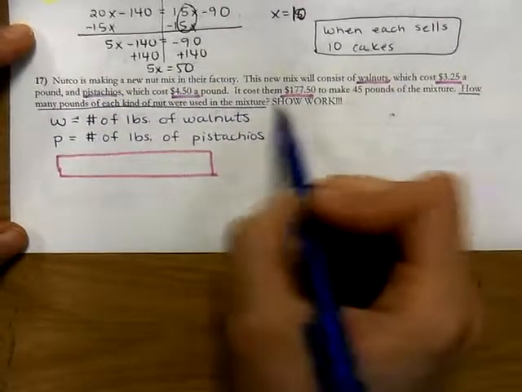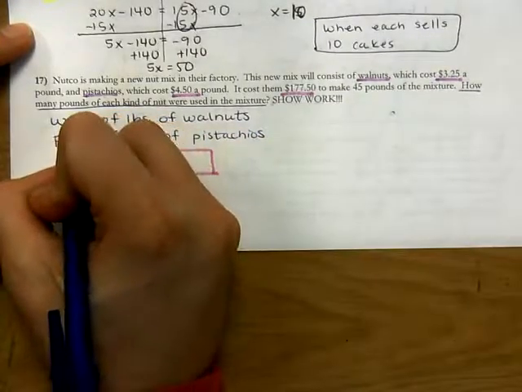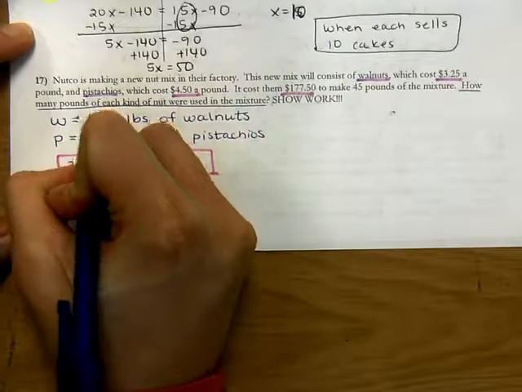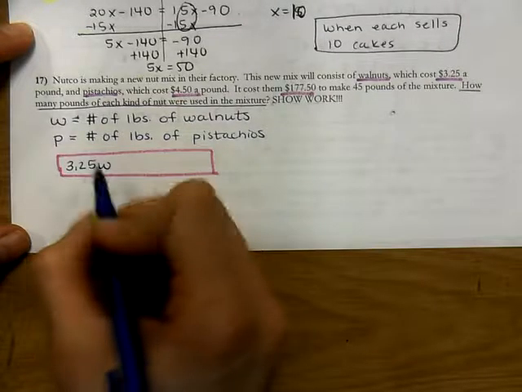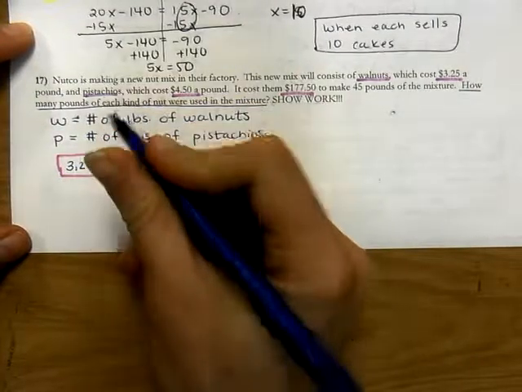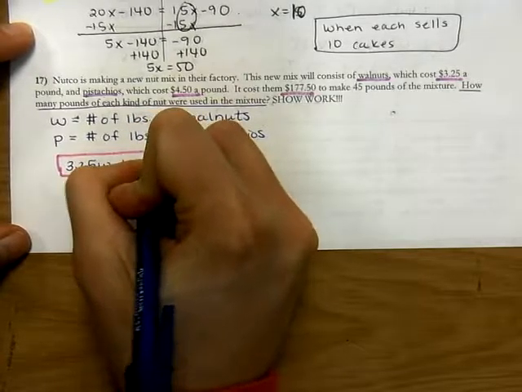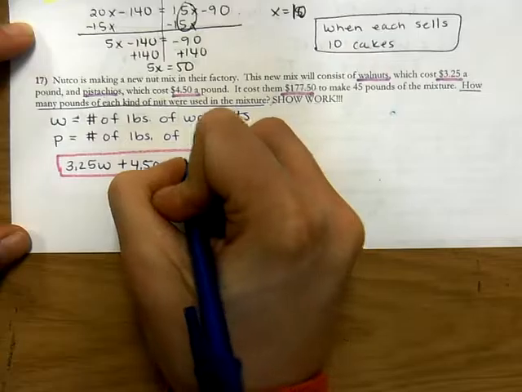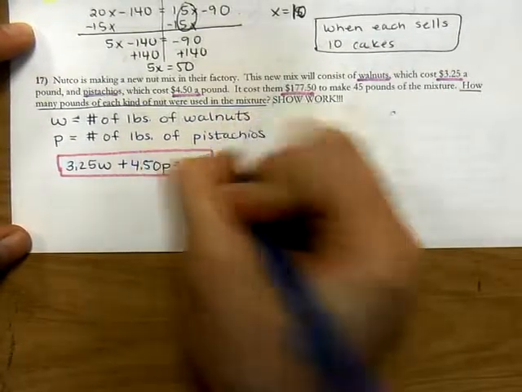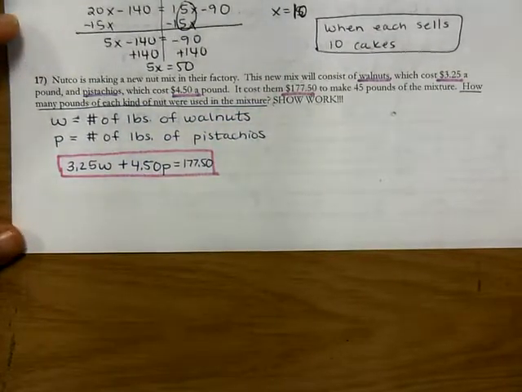So if every pound of walnuts costs that much, then if I do 3.25 times W, the number of pounds of walnuts, that'll give me how much I spend on walnuts, plus $4.50 times the number of pounds of pistachios, and that should be my total of $177.50.